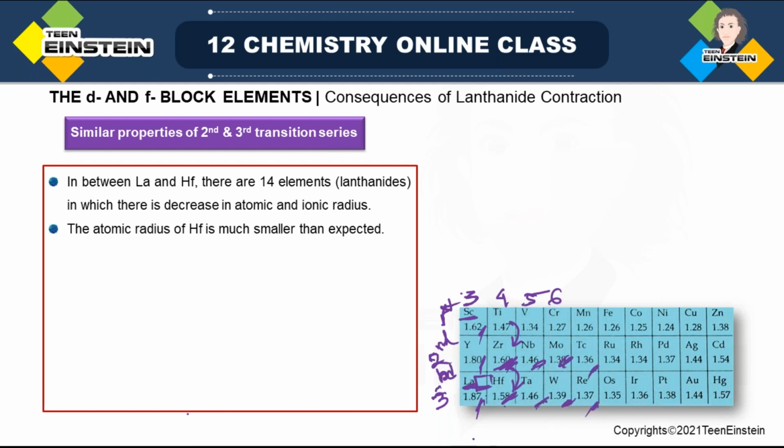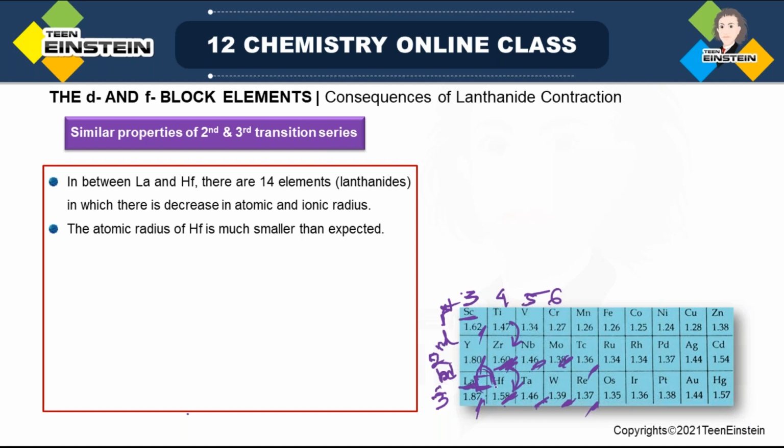But that is not for the first group, because in the first group, these 14 elements are not yet present. Only La is there. But when you are moving from 3 to 4, 5, 6, 7, 8, these 14 elements are already included. So the lanthanide contraction effect is already added.